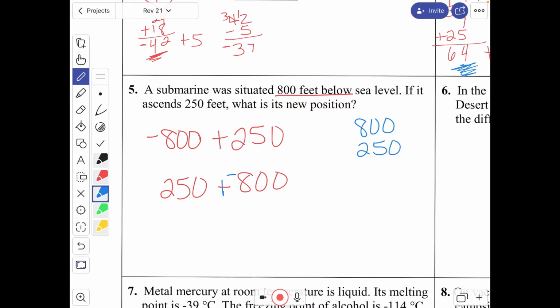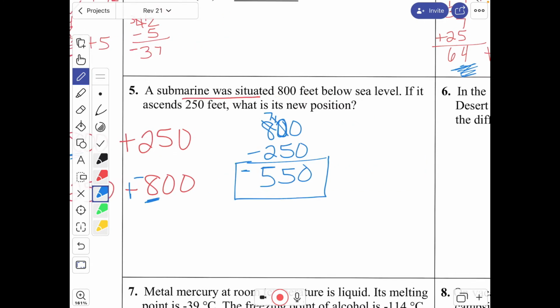We're going to have to subtract 800 minus 250. That's 550. Now we need to take the sign of the one that is higher. So it's negative 550 feet.